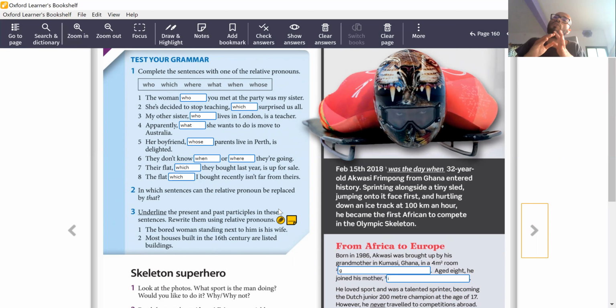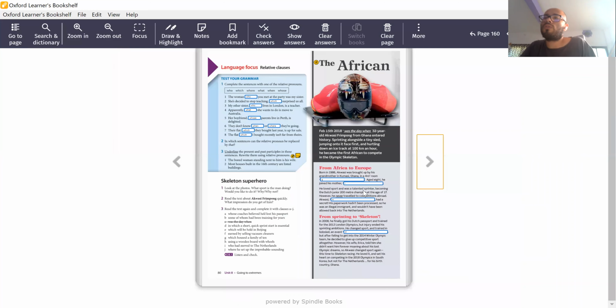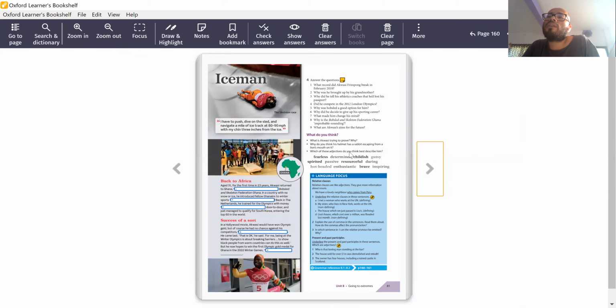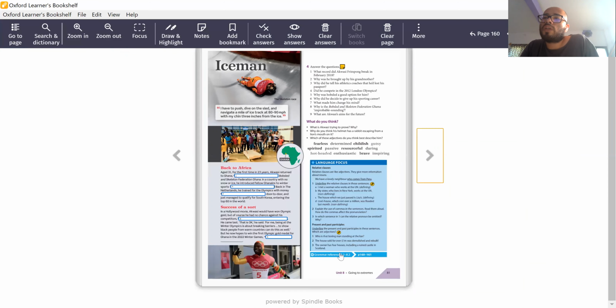Instead of saying who was, we only say standing, the present participle of a verb, or the past participle of a verb. For example, most houses built in the 16th century are listed buildings. That means most houses which were built. So that is about the economy of words. Just remember this topic.